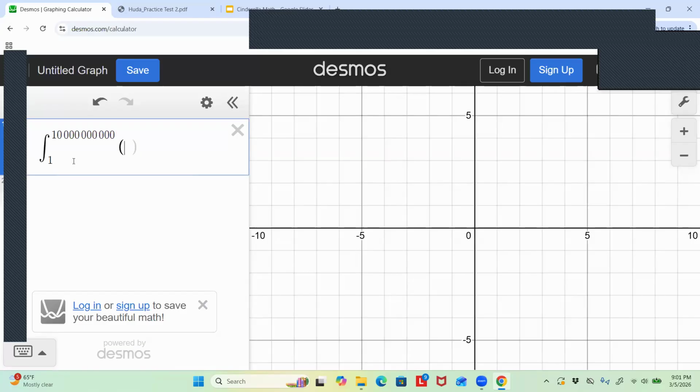And then it was 5x to the negative 6 dx. There we go. So you don't have to mess around with how big you go, but again, that doesn't show any work, but it's nice to check, okay?